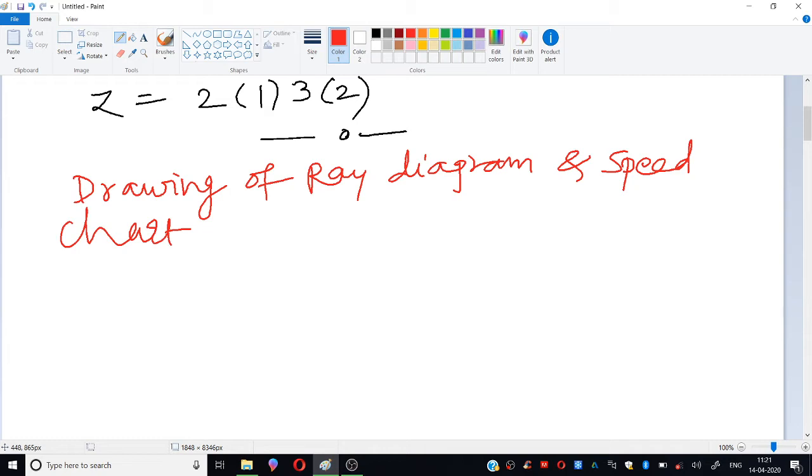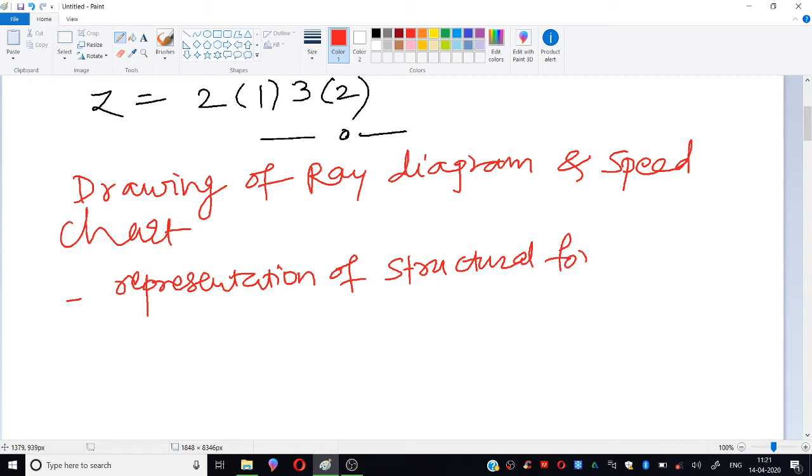Actually, a ray diagram is also a representation of structural formula only, and it shows you the transmission line.